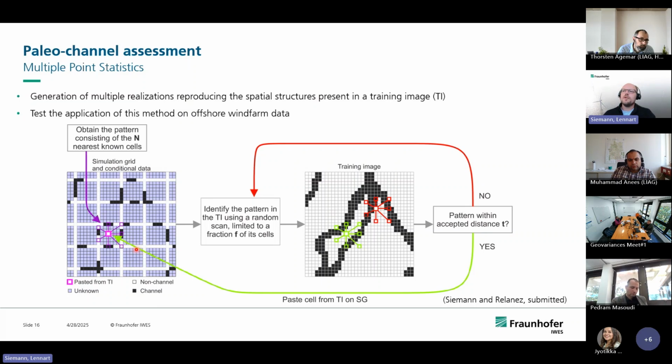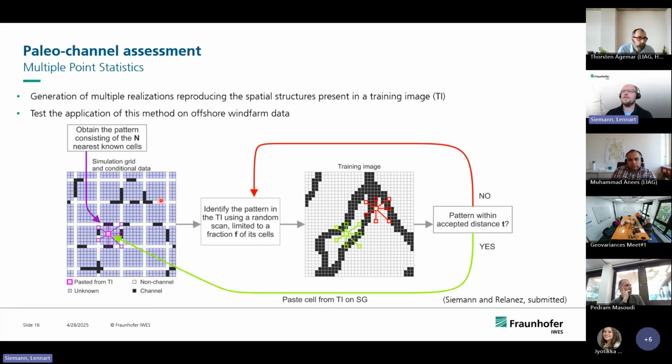And for now recreating the channels, we use MPS using training images, as you can see here. So this is actually the same channel system as seen here, but only visible on the geophysical lines. So this is also how we create our conditional data for the later calculations.